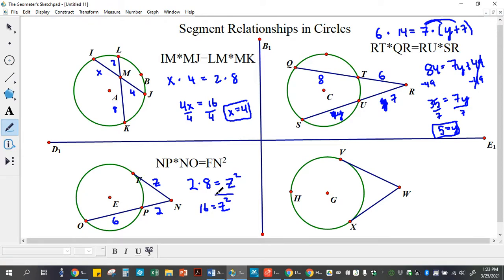In order to get rid of a square, the opposite operation is a square root. If I square root both sides, I would technically get a positive or a negative 4, but this is geometry, so we're looking at only positive values. Just try and remember, 4 times 4 is 16, but so is negative 4 times negative 4.